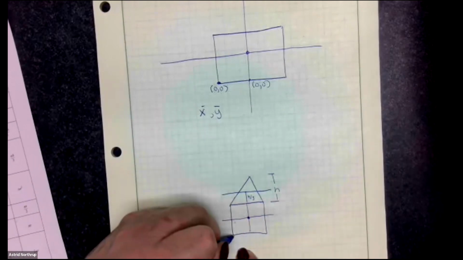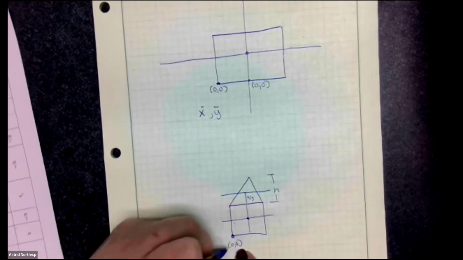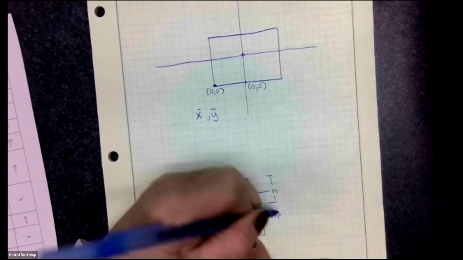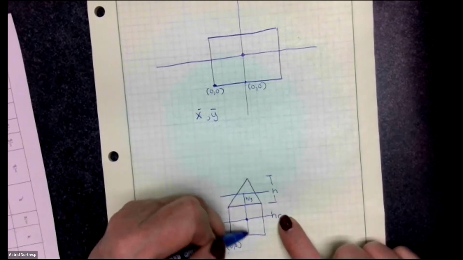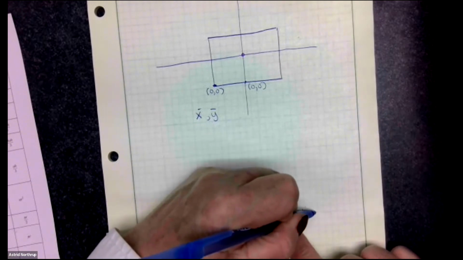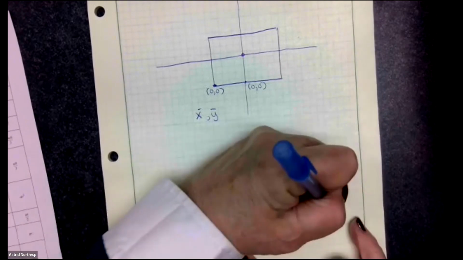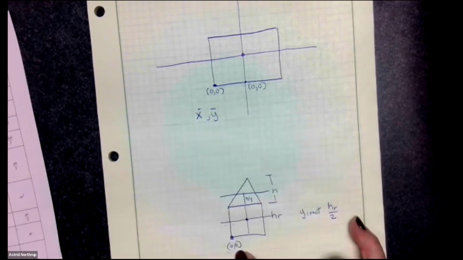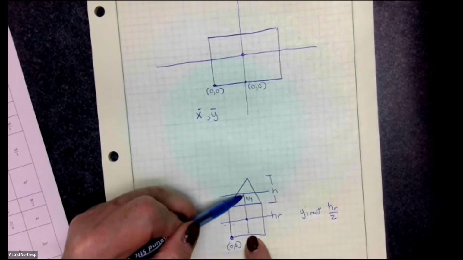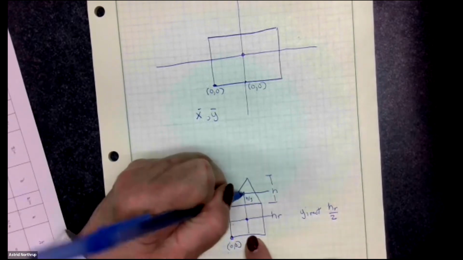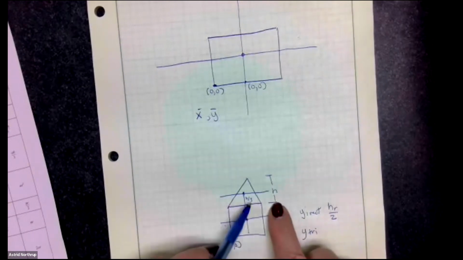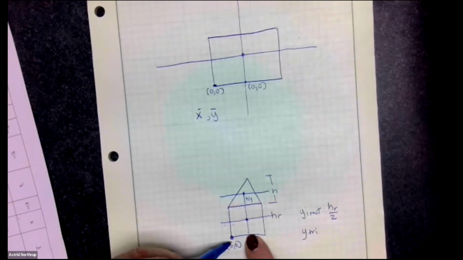Now what I'm getting at is if you reference it from this point as your 0, 0, let's call this height h sub r, the height of the rectangle. The y i for the rectangle is going to be h sub r over 2, right? Because it's from 0, 0. However, the y component of the centroid for the triangle, I can see that it's h over 3, but it doesn't reference from this point.